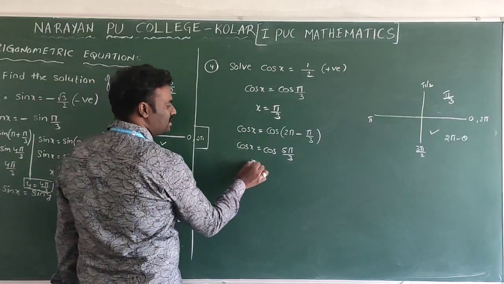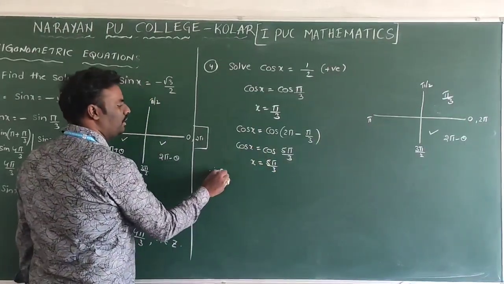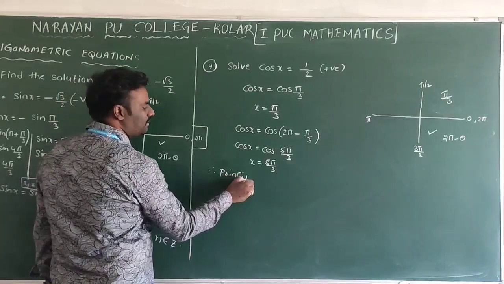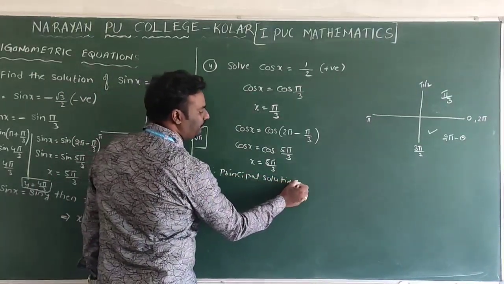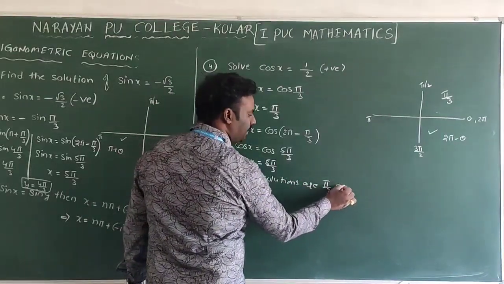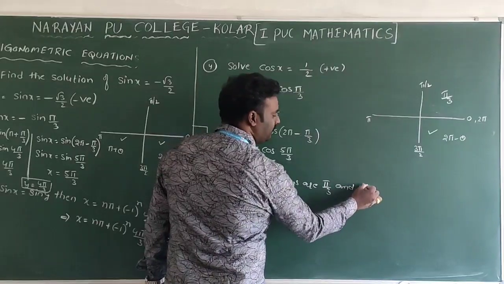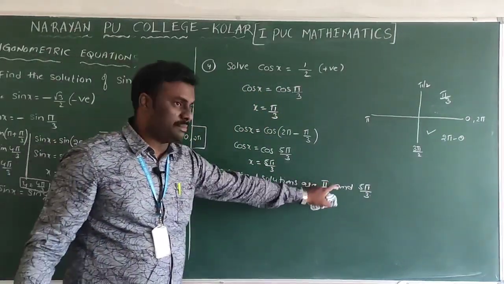You will get x is equal to 5 pi by 3. Therefore, the principal solutions are pi by 3 and 5 pi by 3. In these two, you take the least one, that is pi by 3. I am taking it as y.